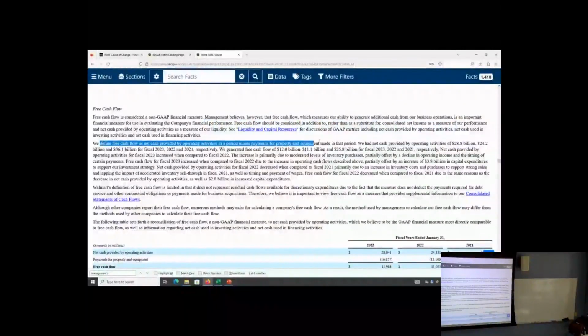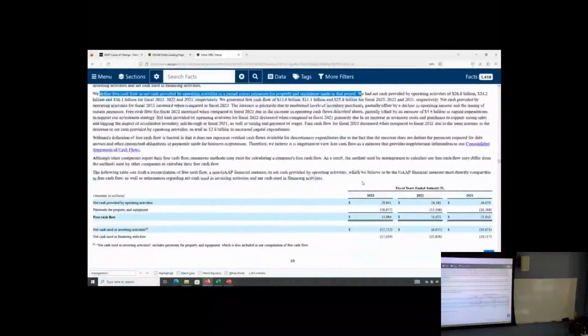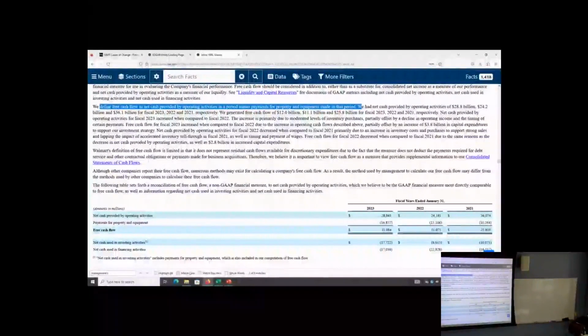But they define free cash flow as cash from operating activities minus CapEx, basically. That lazy method that I had pointed out. So the argument for this is basically that these are the cash changes that are relevant for the company. That's the argument that they're making in here.